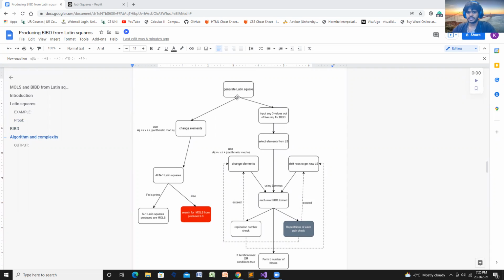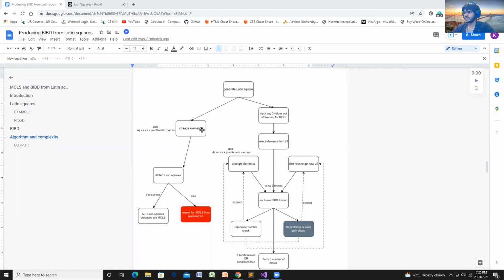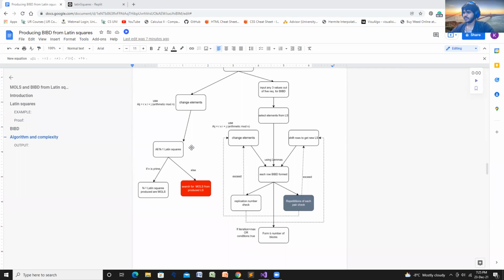First we will be generating the initial Latin square, and if we are considering the mutually orthogonal Latin squares, then we'll change the elements and use the formula from the theorem stated in the book by Brualdi, and we'll be forming all the n-1 Latin squares using for loops in C++.